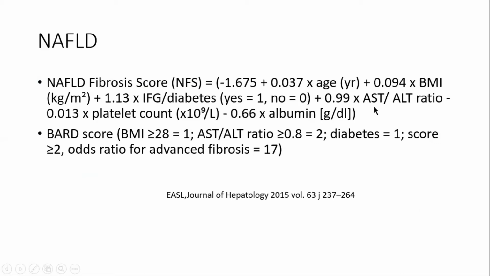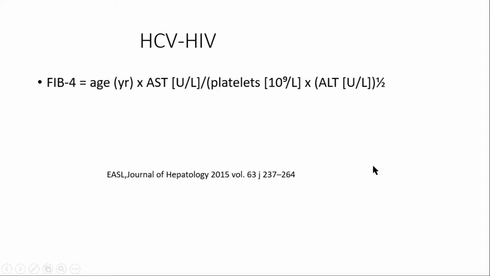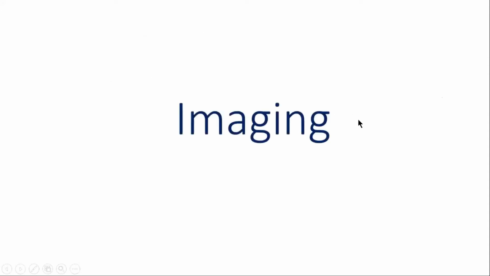It also includes AST-ALT ratio, platelet count, albumin. BARD score includes BMI if more than 28, then 1; AST-ALT ratio if more than or equal to 0.8, then 2; and diabetes, then 1. For hepatitis C and HIV coinfection, FIB-4 includes age, AST, platelet, and also ALT.